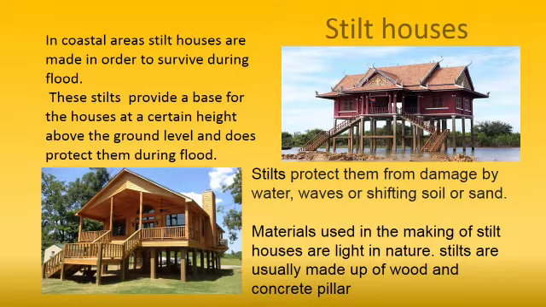The material used in building such houses is normally very light but equally strong. These houses are not so light as to float with the flow of water. Rather, they are quite strong. However, the material used is light in nature. Stilt houses are usually made up of wood or concrete pillars.